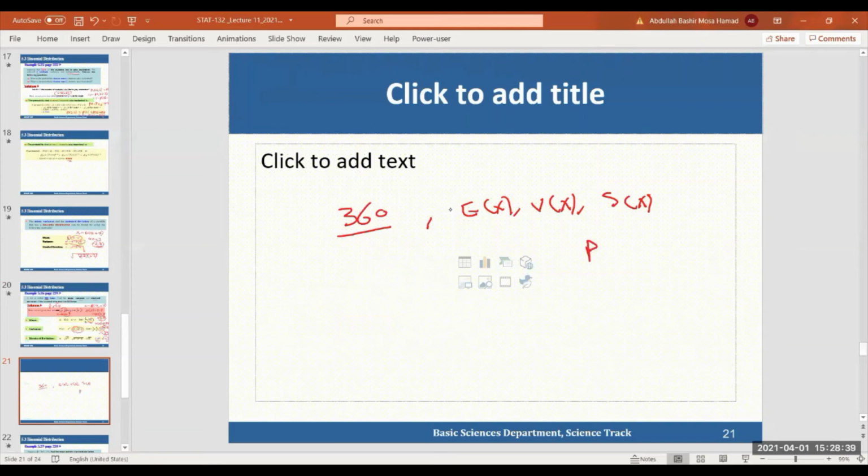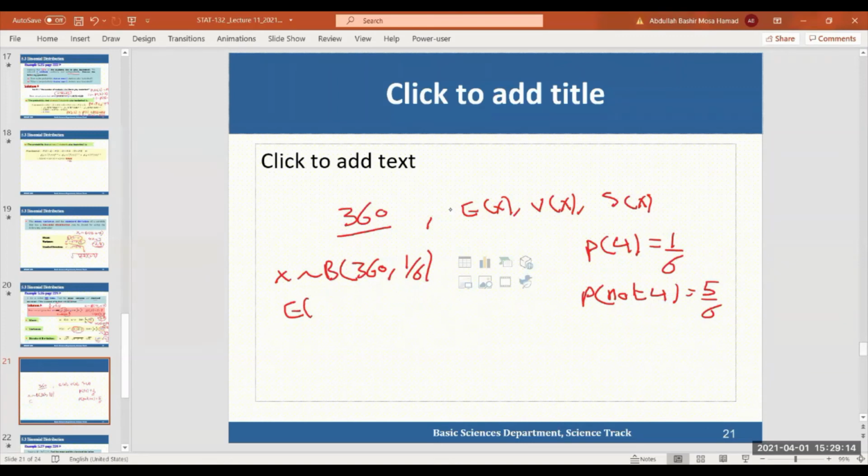If x is getting 4, then P of 4 equals 1 over 6, right? P of not getting 4 is 5 over 6. So now we have p, we have q, we have n. X is distributed binomial with n 360, p is 1 over 6.